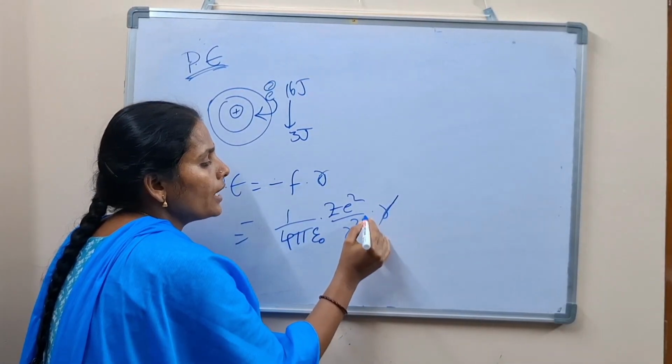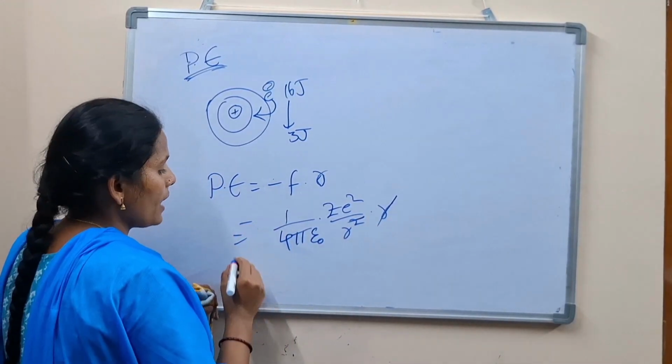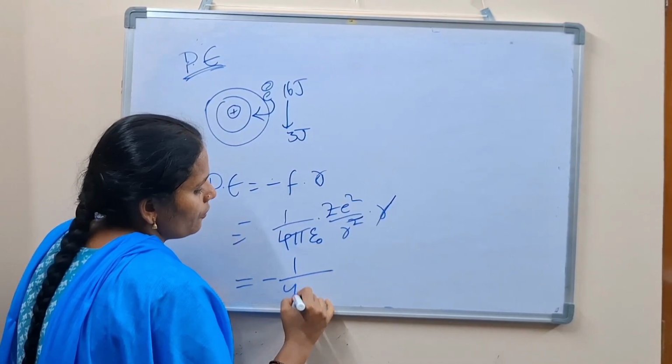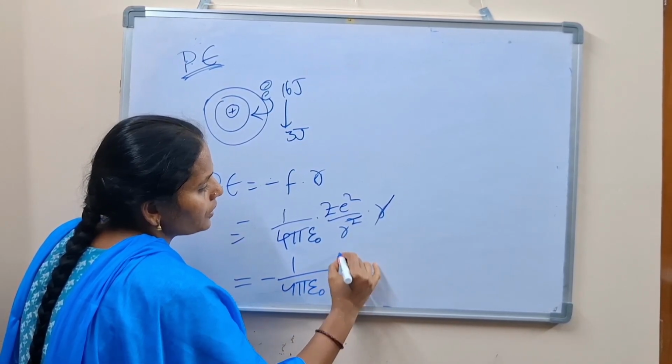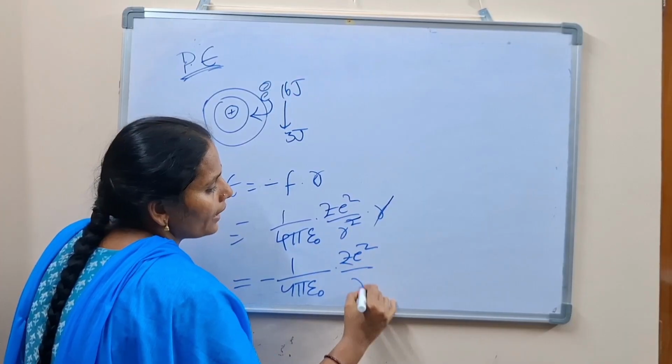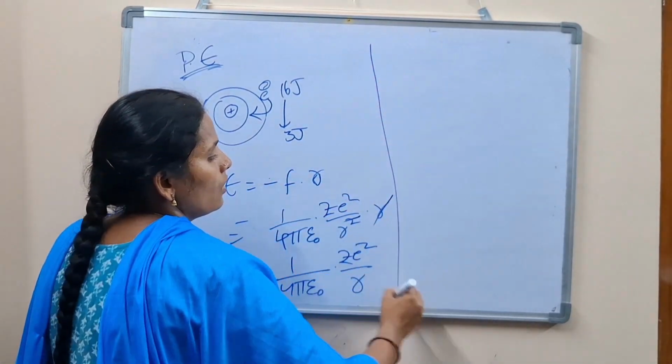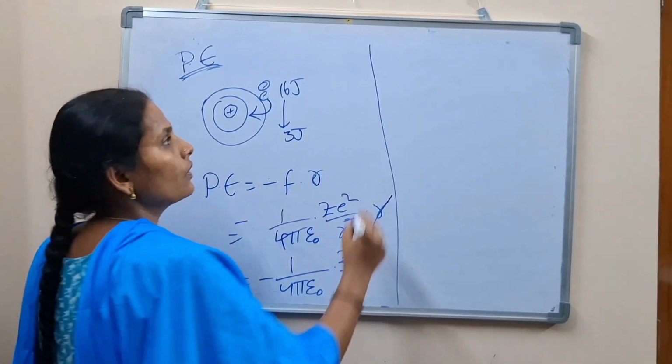Here R and R get cancelled, so we have minus 1 by 4 pi epsilon naught into Z square by R. From this, what is the R value?